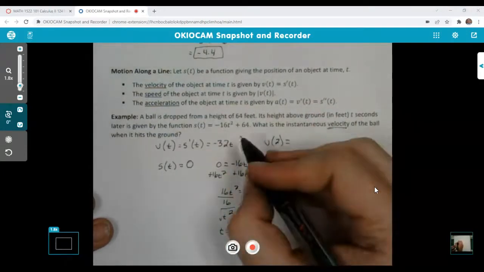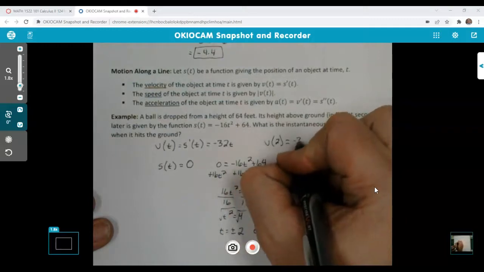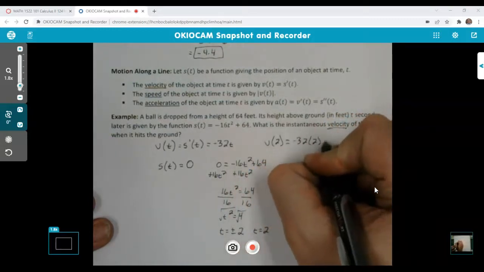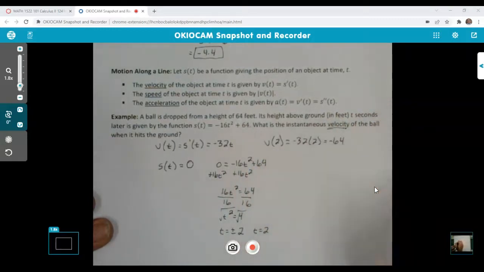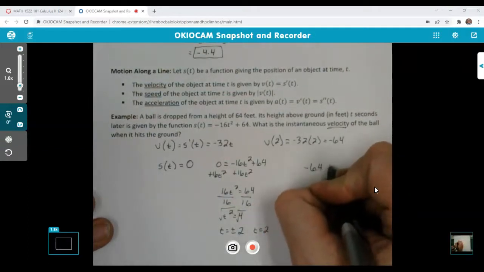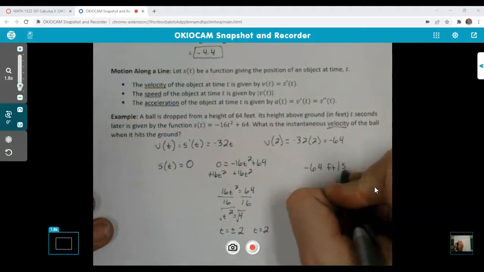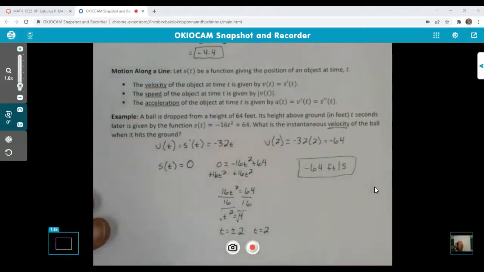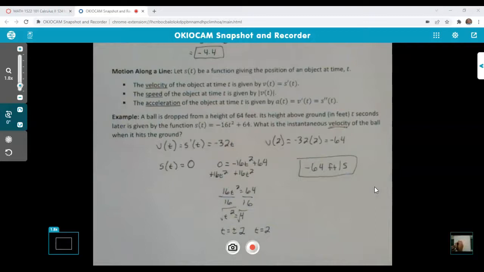So to do v of 2, we're going to plug in a 2 right there. So negative 32 times 2, which is negative 64. So the velocity is negative 64 feet per second. So like I said, v of t is going to not only tell me how fast, but also which way I go, right?